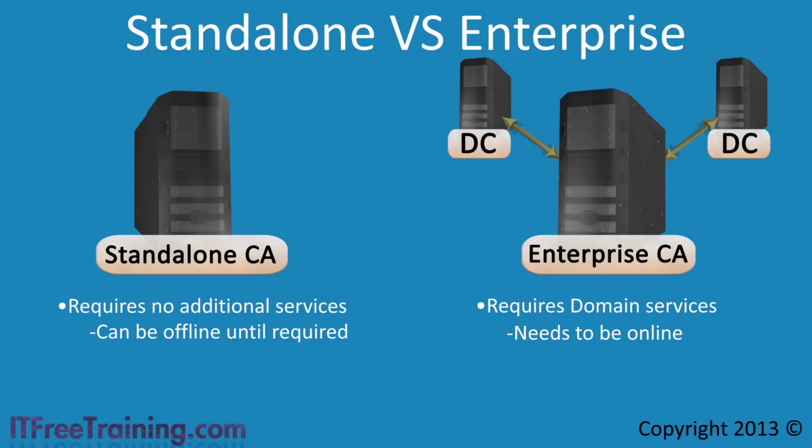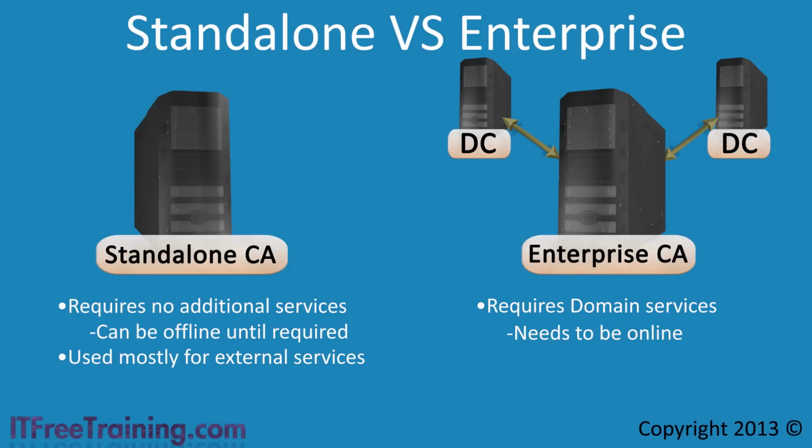For a standalone CA, you will most likely find it used to provide external certificate services. External services means certificates for users outside the company or directly to the Internet. If the CA needs to be accessible via the Internet, a standalone CA is the better choice.